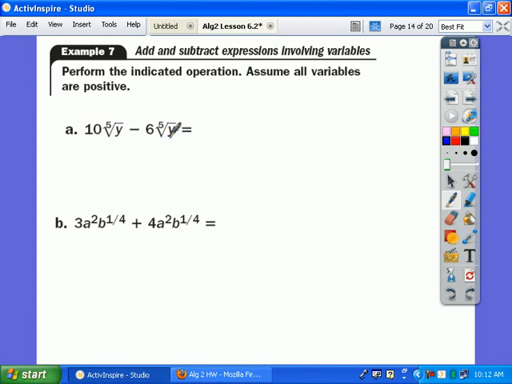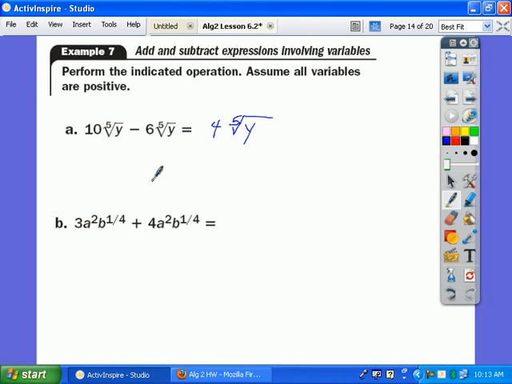Here's the 5th root, here's the 5th root, here I have y underneath, here I have y underneath, and so we can subtract. I have 10 of these, I take away 6, and so we just have 4 left: 4 5th roots of y.